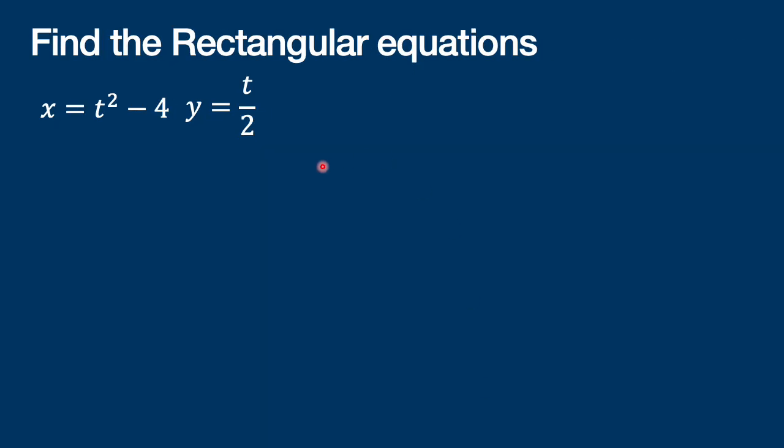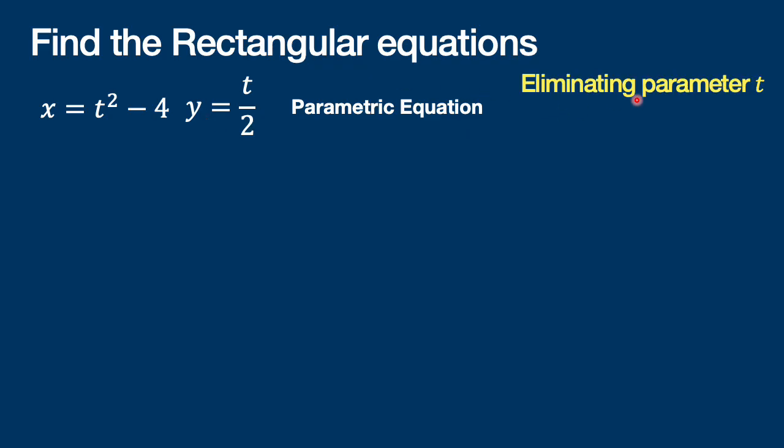Let's practice one more. See, here x is degree 2 in t. This is degree 1. This is called a parametric equation because it has the parameter t. So we have to eliminate the parameter. You have to decide which equation you want to start with.